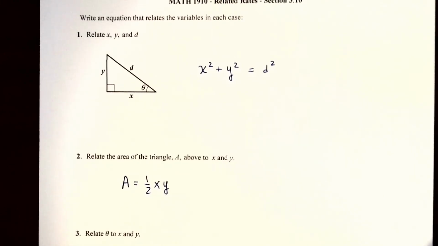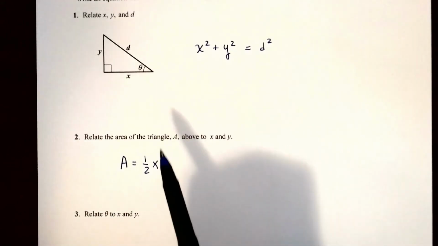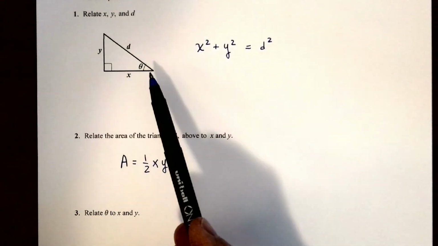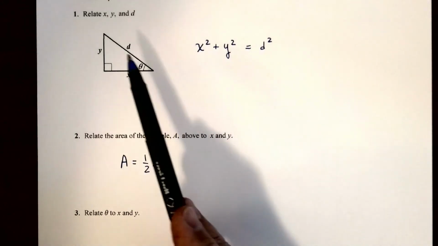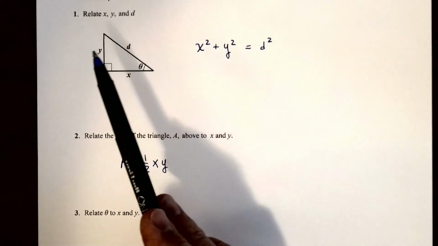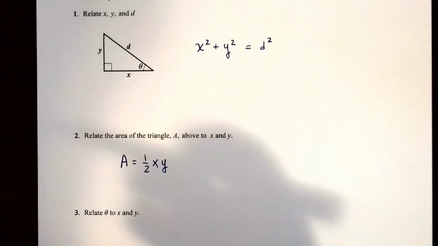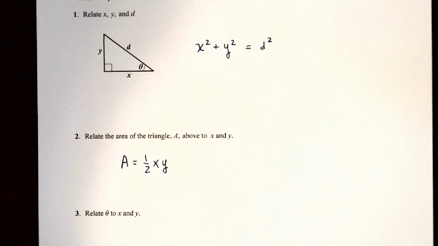Let's look at a couple more, though. Suppose I wanted to relate, down here in number 3, theta to x and y. Well, now we're going to be looking at the trigonometric ratios for a right triangle. If you remember the phrase SOH CAH TOA, or the way I remember it, some old horse came a-hopping through our alley. So sine is the opposite over the hypotenuse. Cosine is the adjacent over the hypotenuse, and tangent is the opposite over the adjacent.